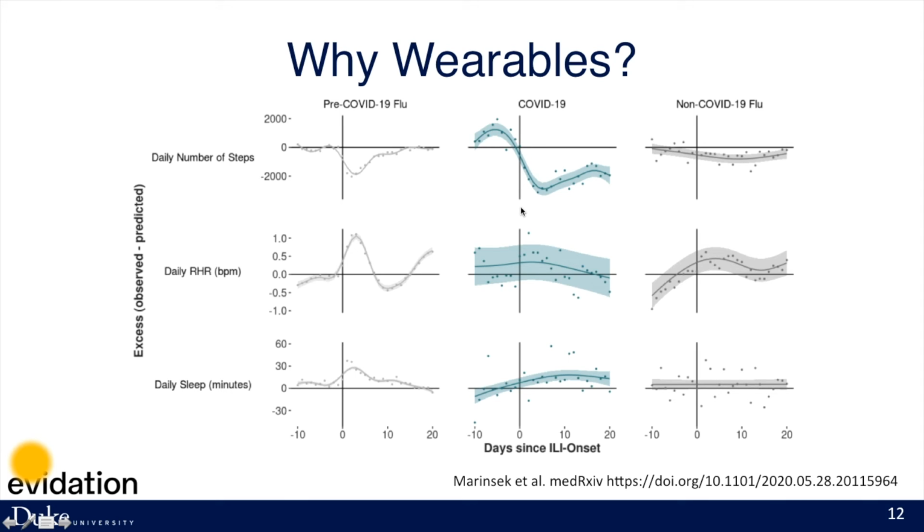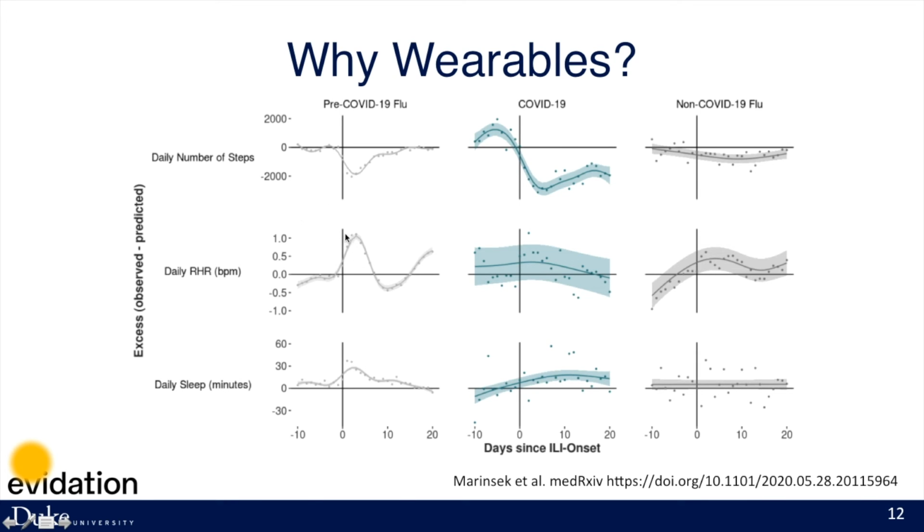And what's interesting to see about this is that for the COVID-19 individuals, we don't have as rapid of a recovery as we might see with the traditional influenza, which fits with what we have learned about the recovery rates of COVID-19 versus more traditional influenzas.